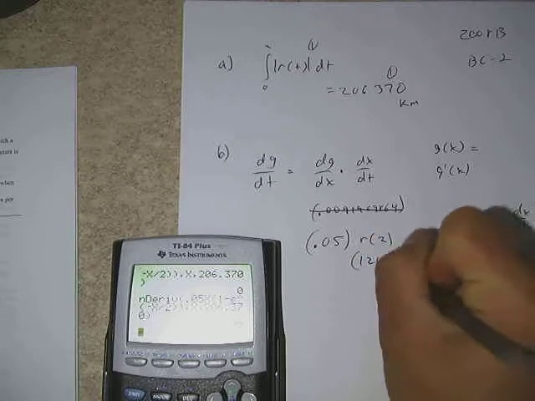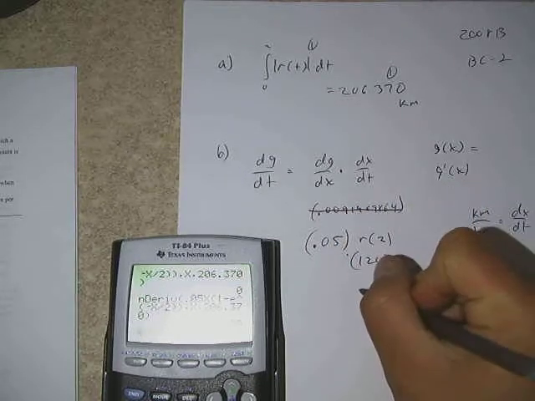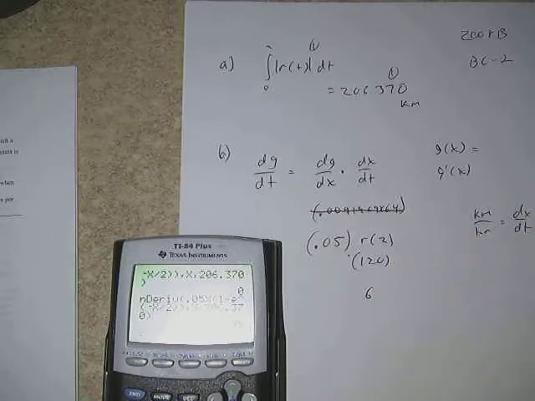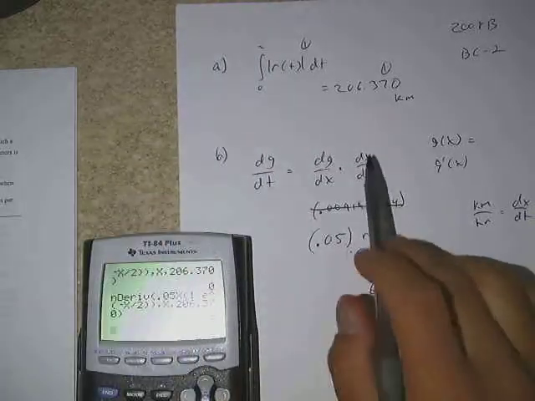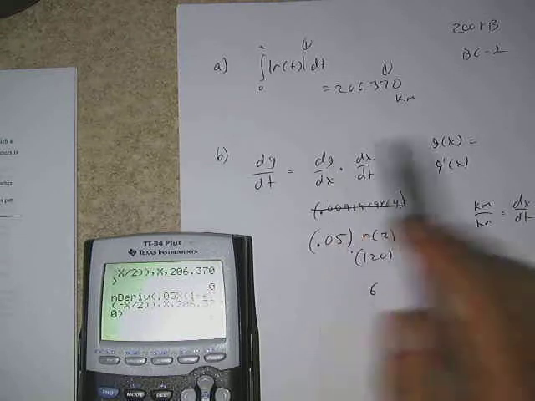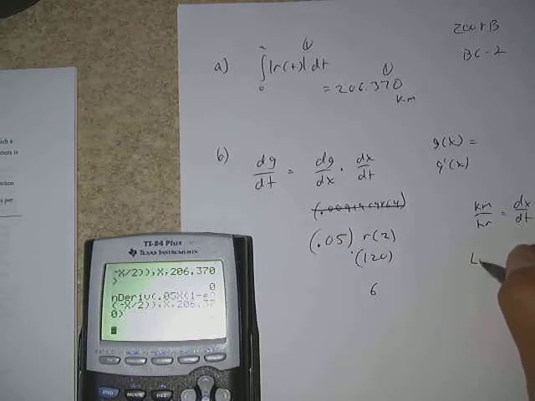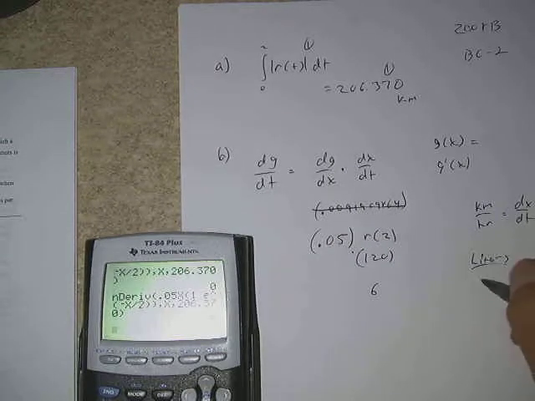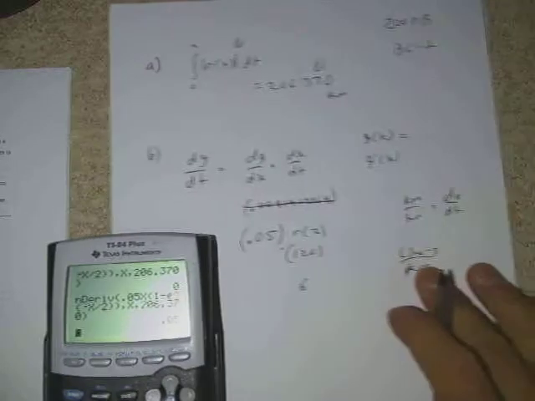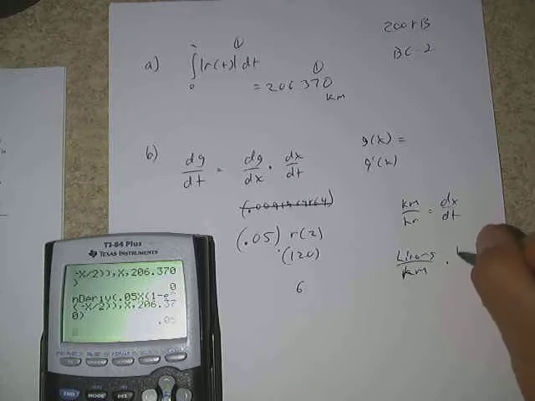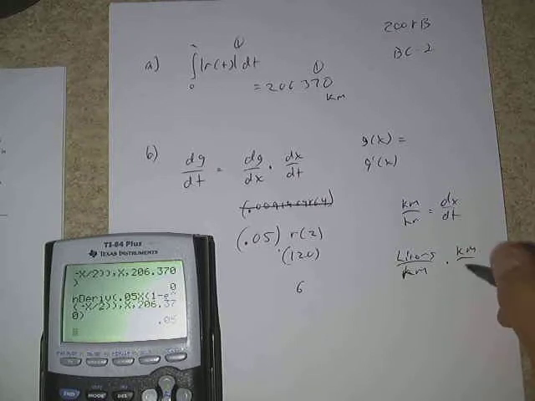What was our original function? It was r, wasn't it? And what's r measured in? Kilometers per hour. That is dx dt, isn't it? So I recognize that dx dt is r here for us. So we really just need r of 2, because r is a function of time. If I plug in r of 2, that turns out to be 120. So 120 times 0.05 ends up being 6.